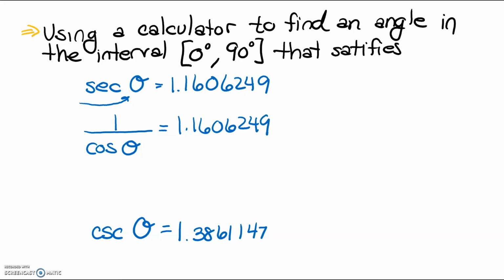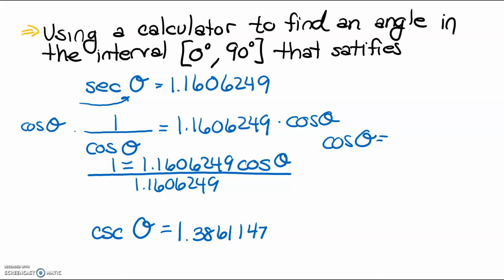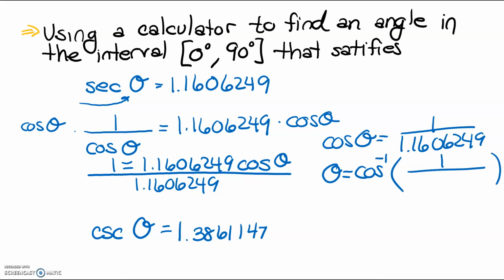Well, I need secant in my numerator, so I'm going to multiply by cosine of theta on both sides. So I get 1 equals 1.1606249 cosine of theta. And then I'm going to divide both sides by 1.1606249. And so cosine of theta equals 1 divided by this number. So when I plug it in my calculator, in order to solve for the angle, I need to take the inverse cosine of 1 divided by 1.1606249.